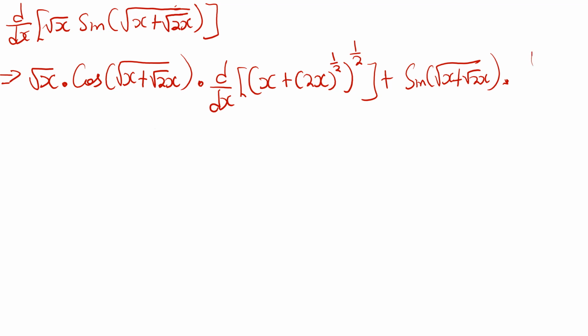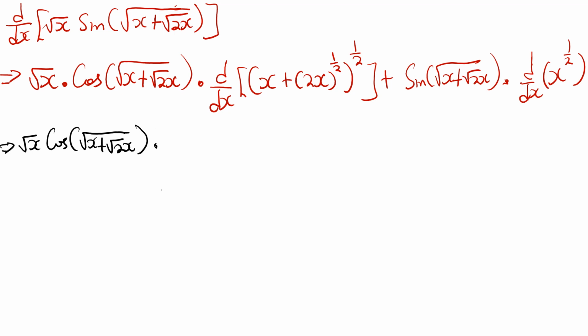Square root of x, I will write it as x to the exponent 1 over 2, because we cannot differentiate if it's not in the exponential form. Then let's continue. Here we are still going to have root of x cos of root of x plus root of 2x.